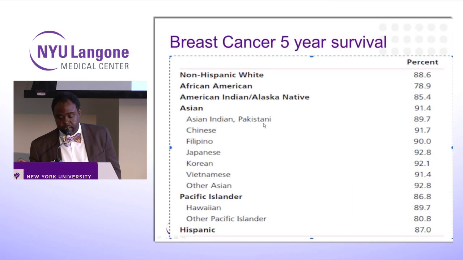These disparities persist not only in terms of people dying from cancer, but even in terms of 5-year survival for breast cancer. When we look at this graphic, which shows 5-year survival by race, we see that pretty much everyone is above 80%, except for black women.